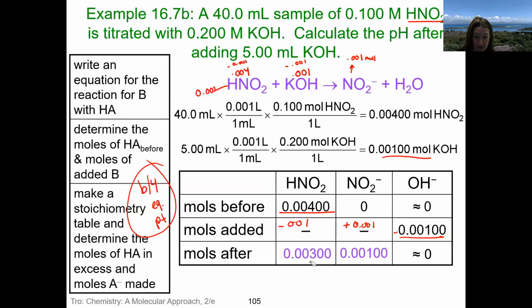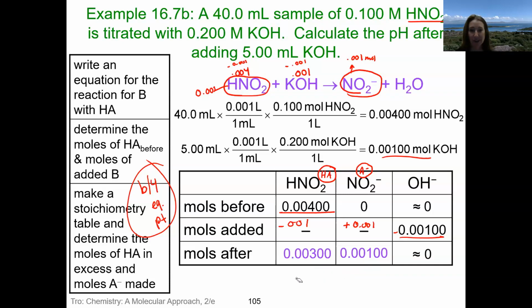Remember, a buffer is the weak acid, HA, and its conjugate base. So if we have both the weak acid and the conjugate base, then we have a buffer. Here is our weak acid, here is our conjugate base. That makes this a buffer.